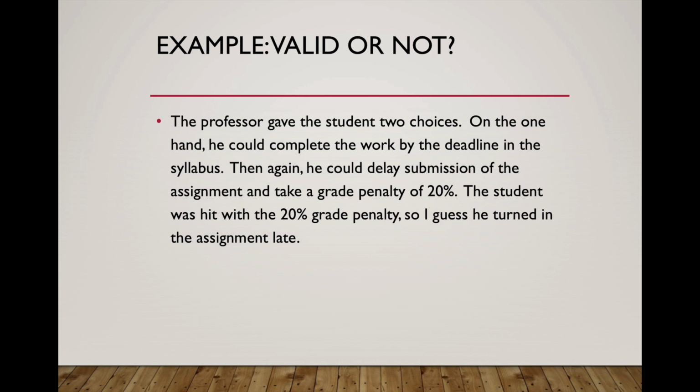You'll also recognize that this is a disjunctive argument, signaled by the first sentence. The student had two choices. And again, we don't have either/or, but we have on the one hand and then on the other, all right? So we have the two choices set out. Either the student completes the work by the deadline in the syllabus, or the student takes the 20% grade penalty, all right?